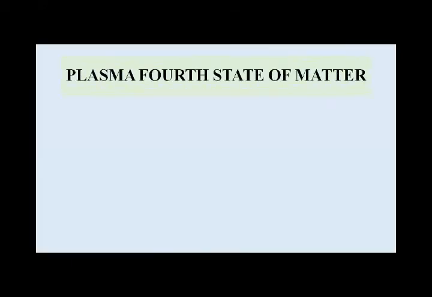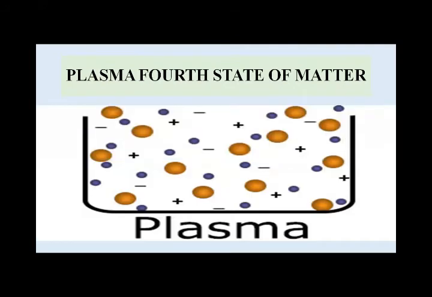For example, we know very well the three states: solid, liquid, and gas. Plasma is the fourth state of matter. Conduct a mini research project to find out more about it. The question is: what is plasma and where is it found in the environment?